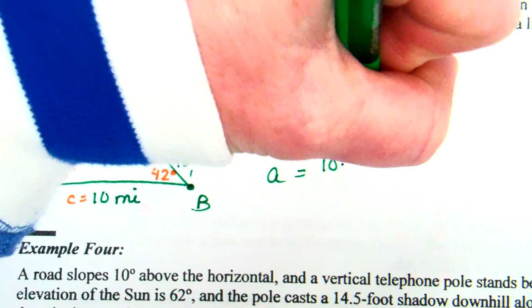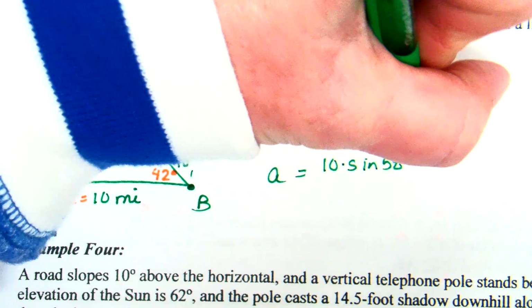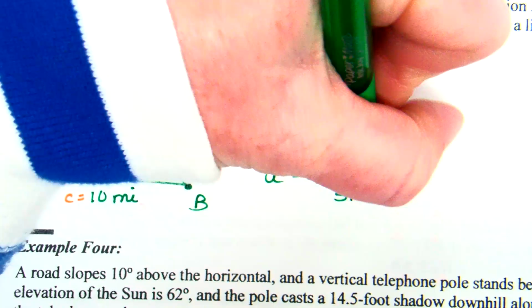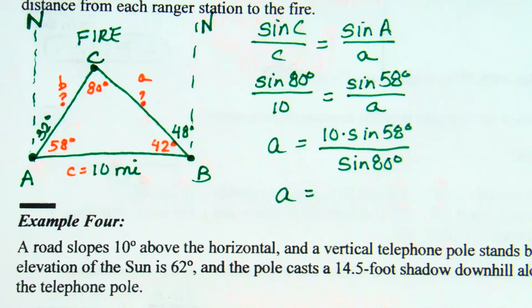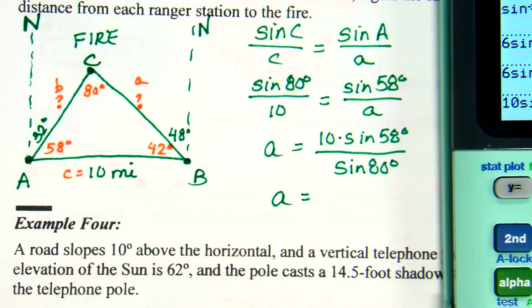You guys got the math under control? Cross products: 10 times sine of 58 degrees is equal to A times sine of 80. So to get A by itself, I'm going to divide by sine of 80.